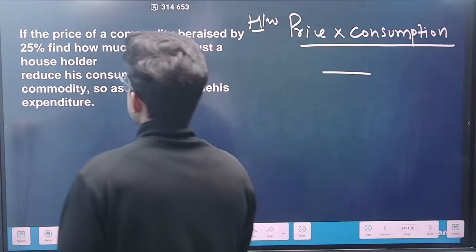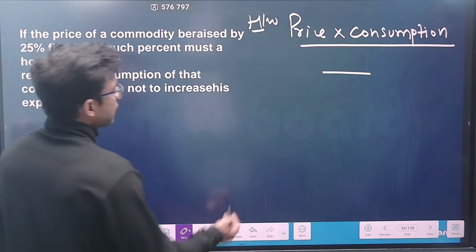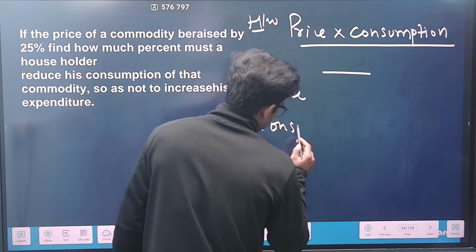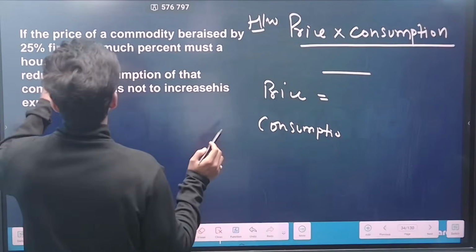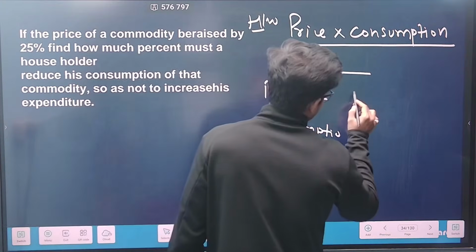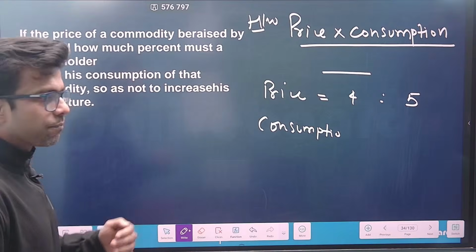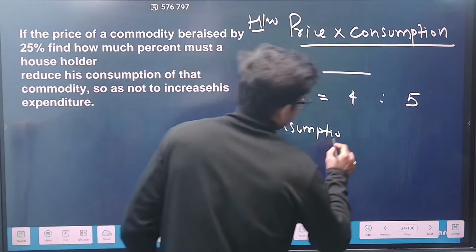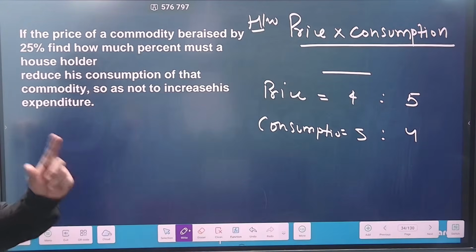Here you need to understand the relation between price and consumption. Correct? They are saying that price is increased by 25%, so your 4 will become 5. If price is getting increased, the consumption will get decreased and it will become 5:4. This follows reverse order.